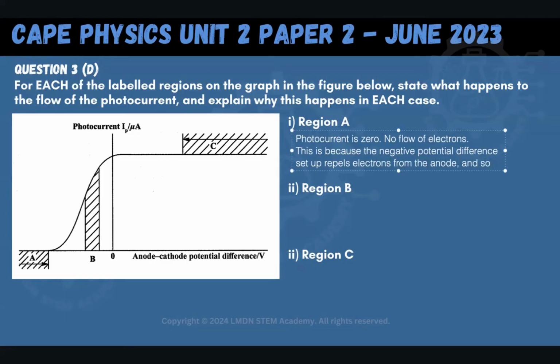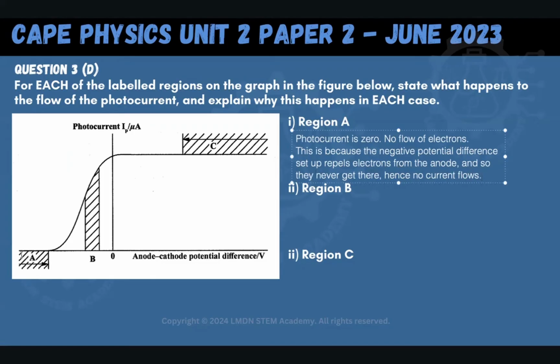And so they never get there, hence no current flows. And so that's why we say that in there, we're perpetually stuck at zero.